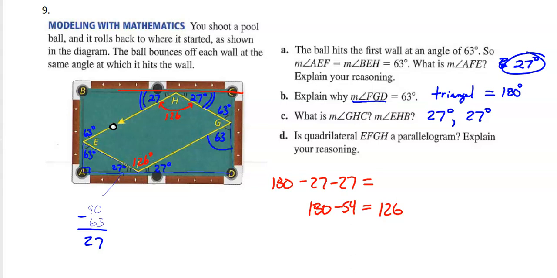And if I do the same thing, 180 minus the two 63s, so 180 minus 126, which is going to give me 27. No, it's going to give me 54.